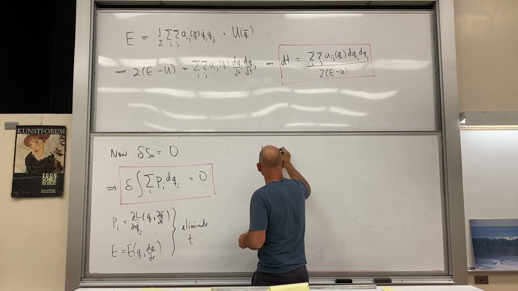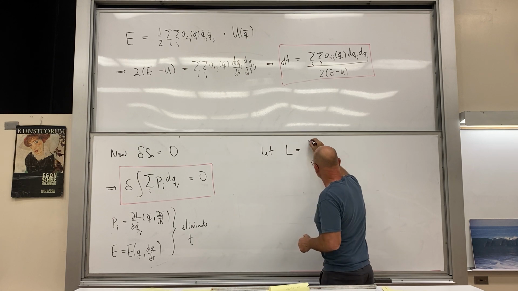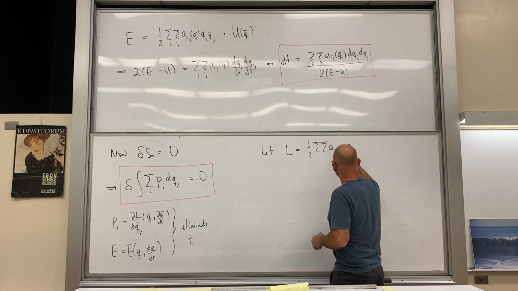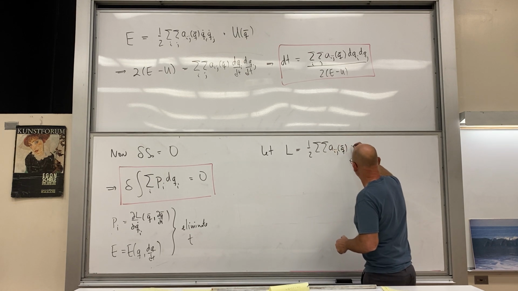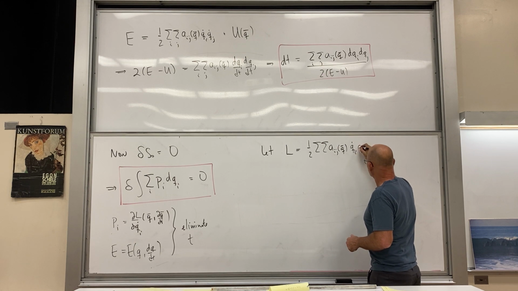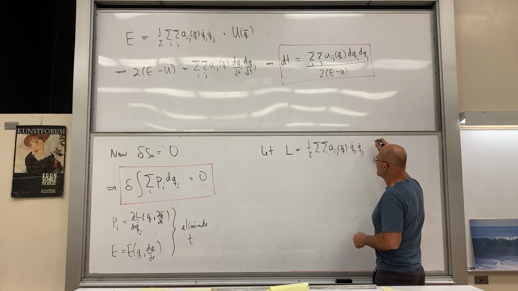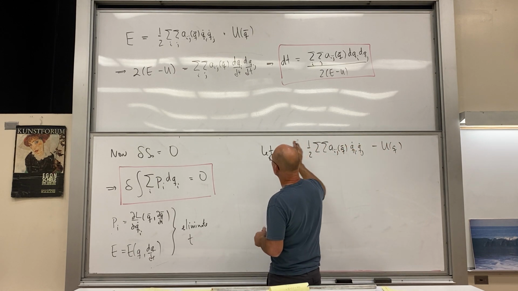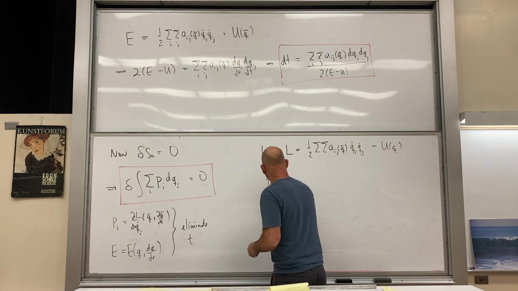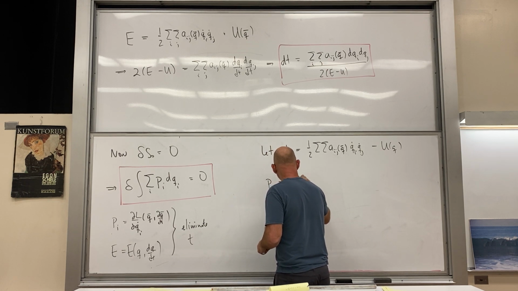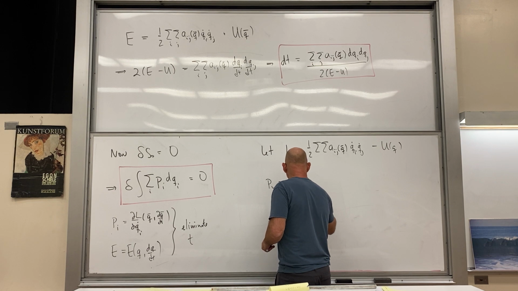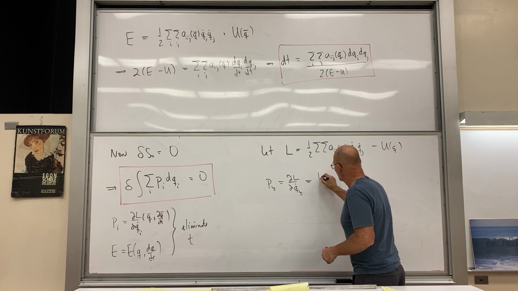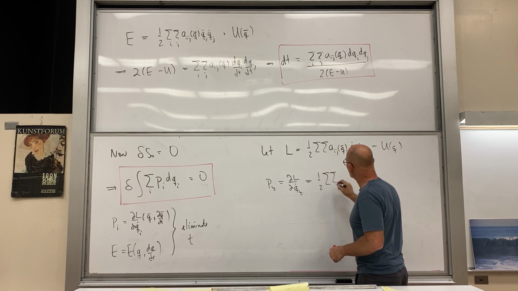So now go back to L, which was the 1/2 double sum a_ij(q) q_i dot q_j dot minus U(q). So we want to get the p sub, we'll use k. So p sub k is equal to dL over d q_k dot. We'll have the 1/2. Actually, this is something we've done before.